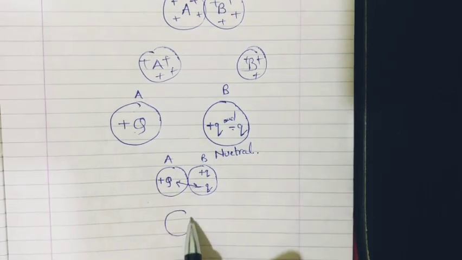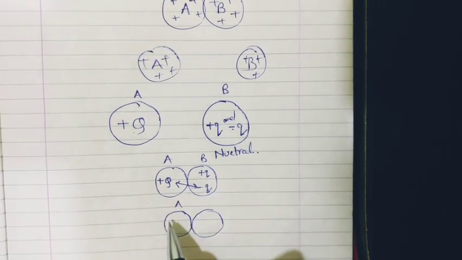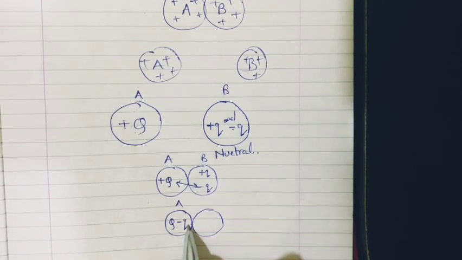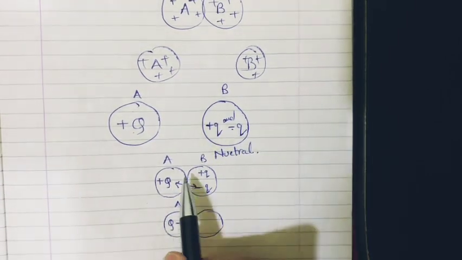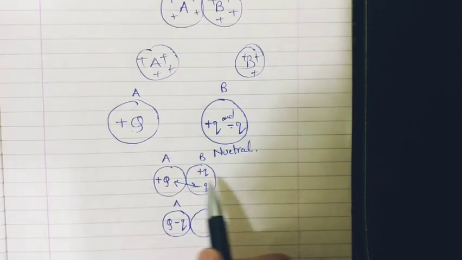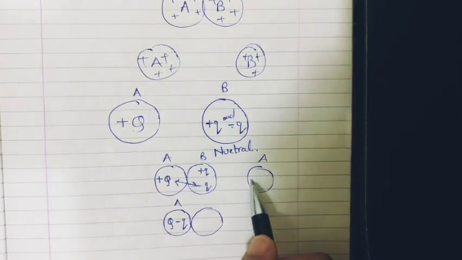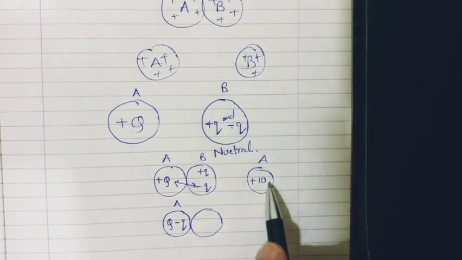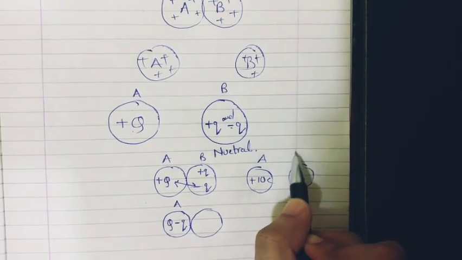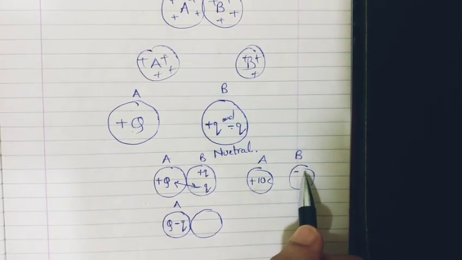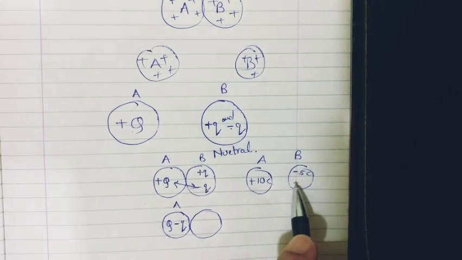So what will the net charge on A be at last? Let's assume values to understand it better. Let's say A has a charge of plus 10 coulombs, and B has a charge of minus 5 coulombs and plus 5 coulombs.